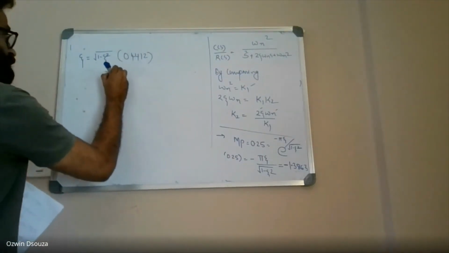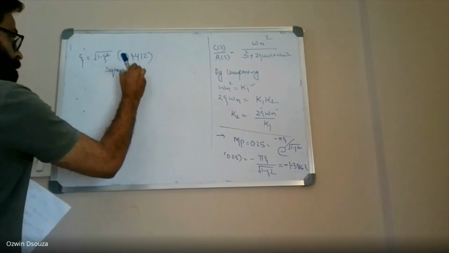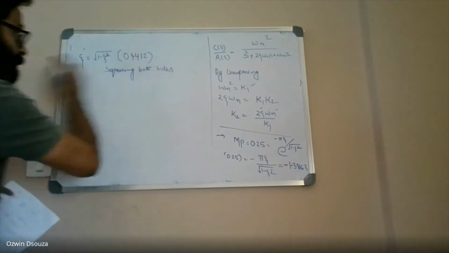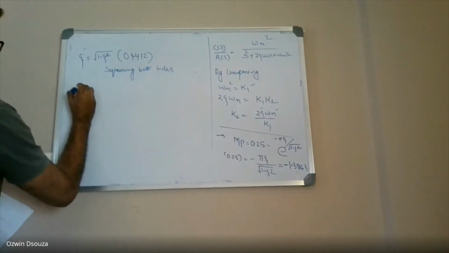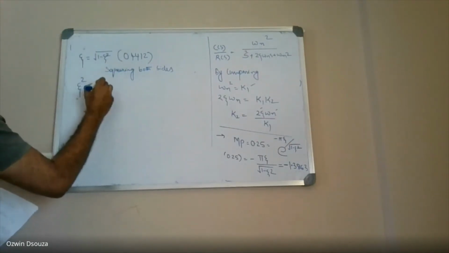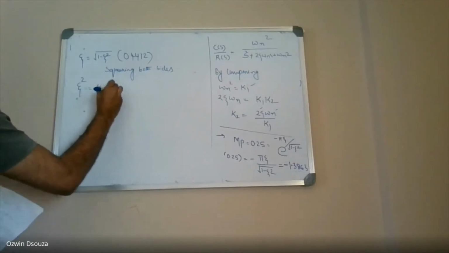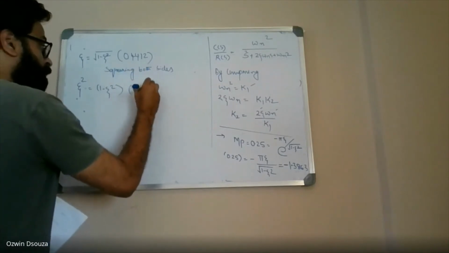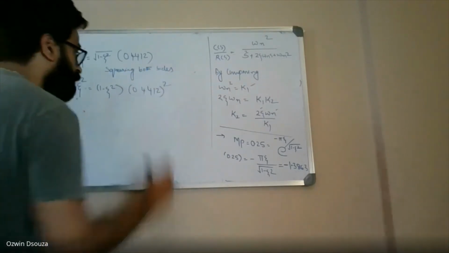Then squaring both sides, I get zeta square on LHS. Similarly, the under root vanishes, so I have 1 minus zeta square here, and then I have the square of 0.4412.